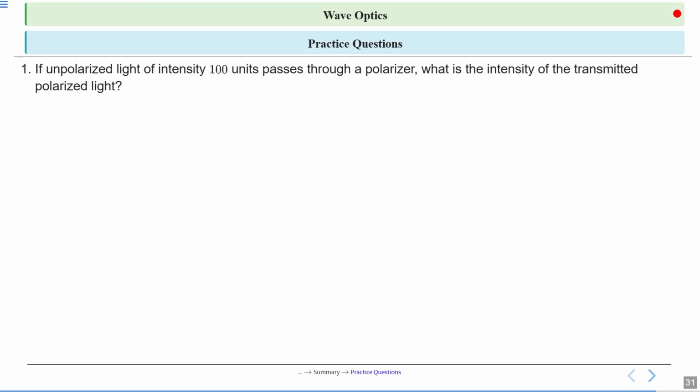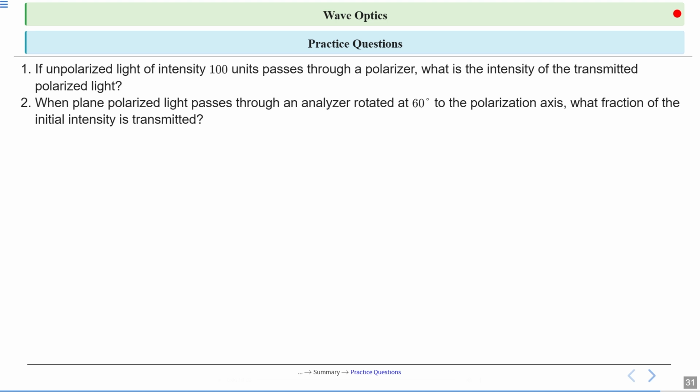Now we will solve or see some practice questions. If unpolarized light with an intensity of 100 units passes through a polarizer, what happens to its intensity? What is the intensity of the transmitted polarized light? Remember, a polarizer only allows light waves aligned with its axis to pass through, reducing the intensity.